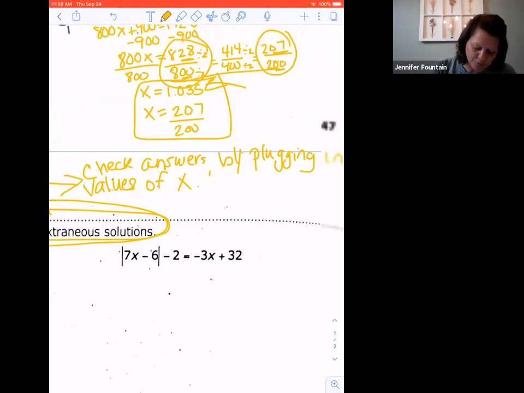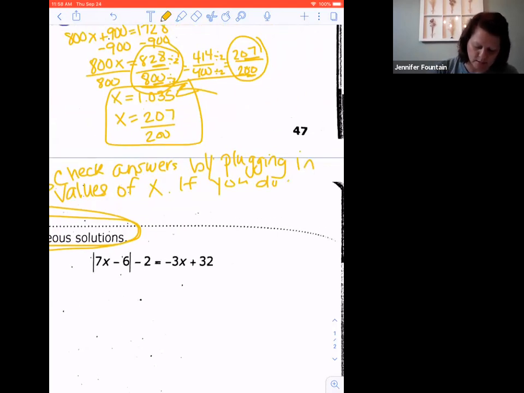Now, if you do not end up with, you know how we said it would be something equals something and it makes a true statement?